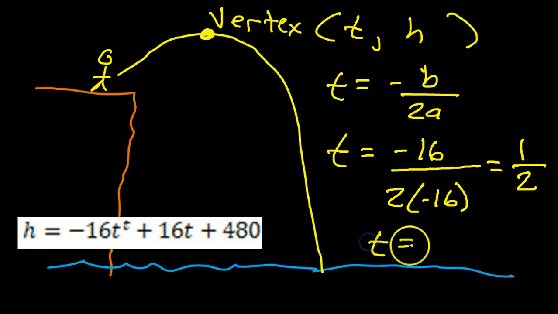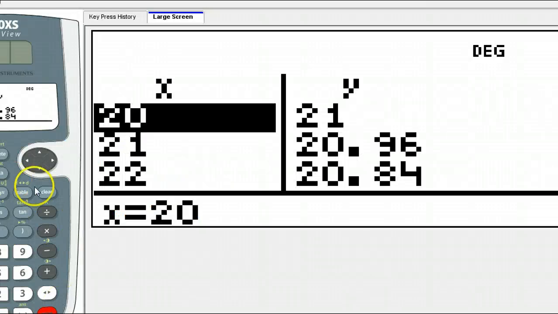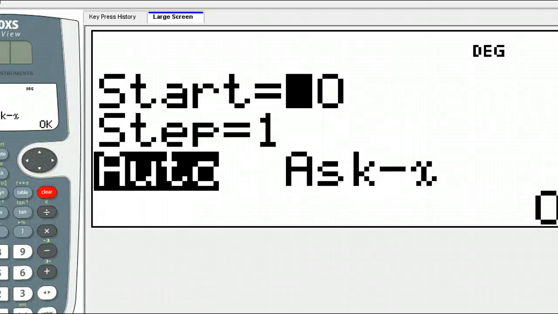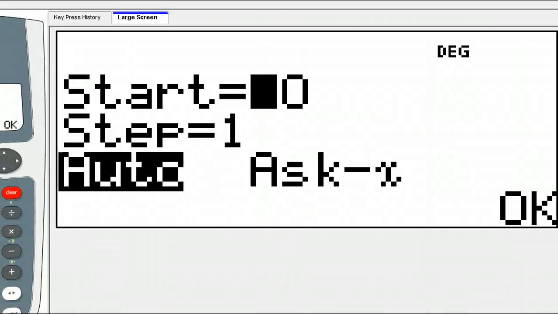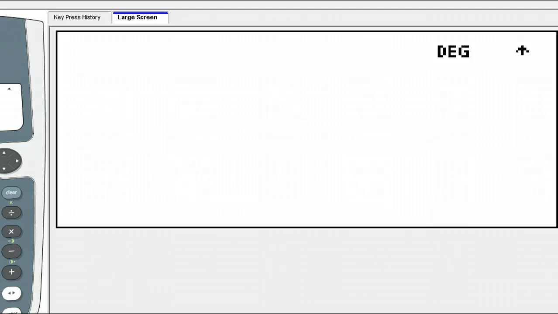We're talking about time in seconds, so 1/2, half a second, or you could say 0.5 seconds. Of course, if you need to type this into a calculator because you don't follow that little logic I just threw at you, do what you have to do. I'm not going to judge you. It's too late for that.